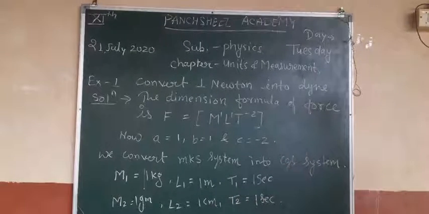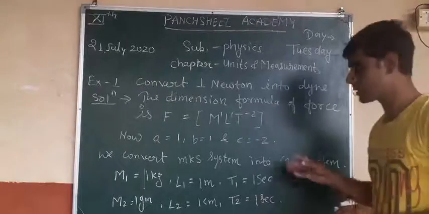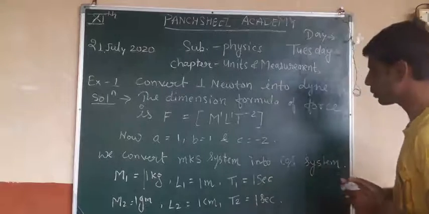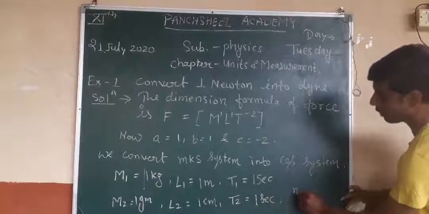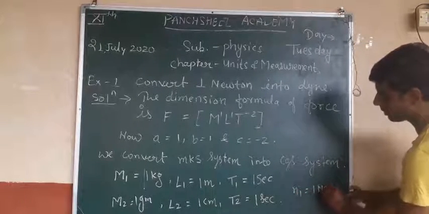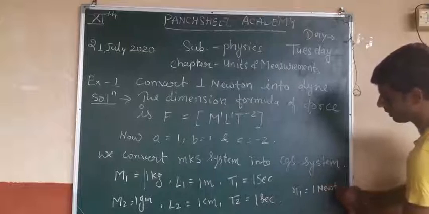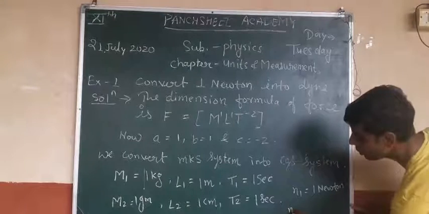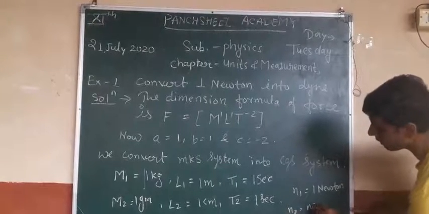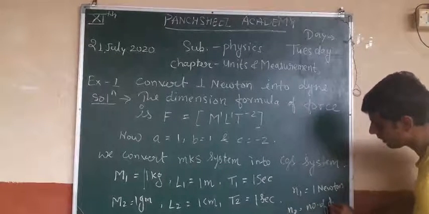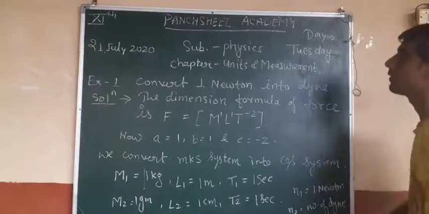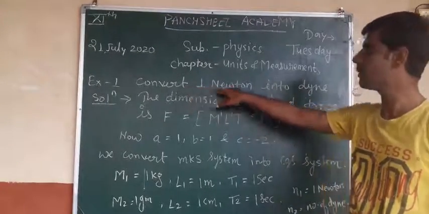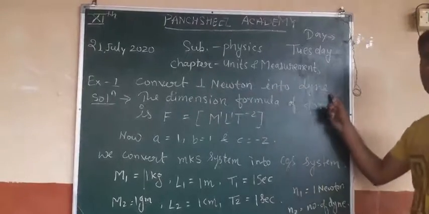Okay. And now what is the value of N1 and N2? N1 is 1 Newton. And what is N2? N2 is number of dyne, which we want to convert, because our interest is to convert 1 Newton into dyne.